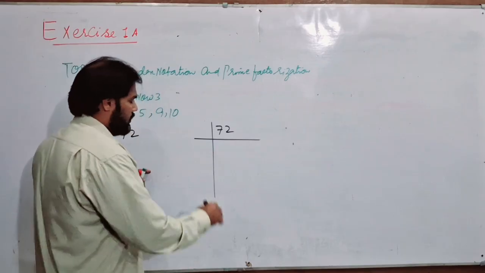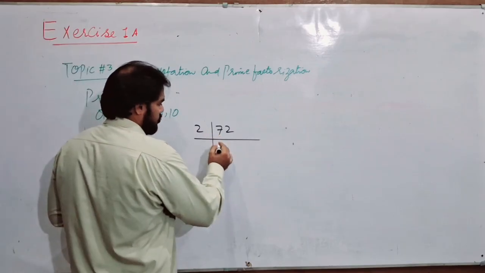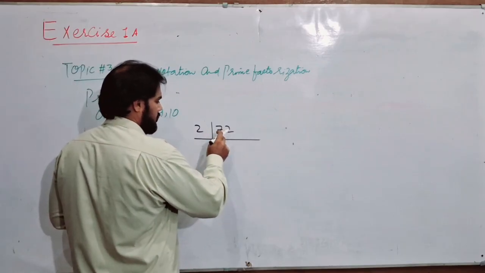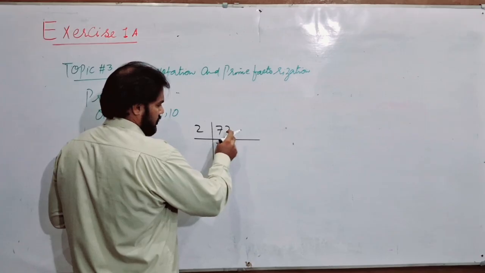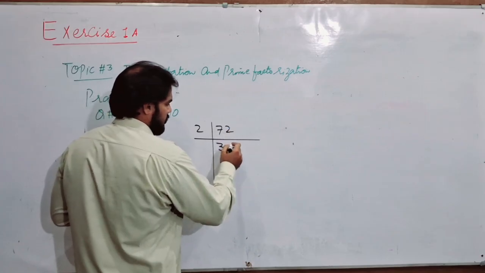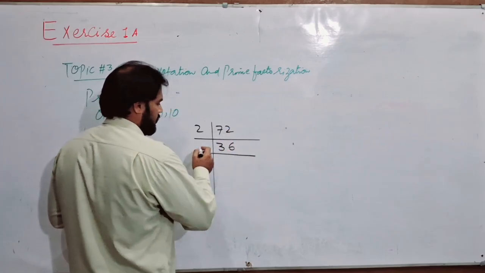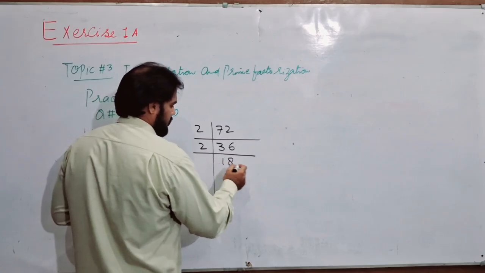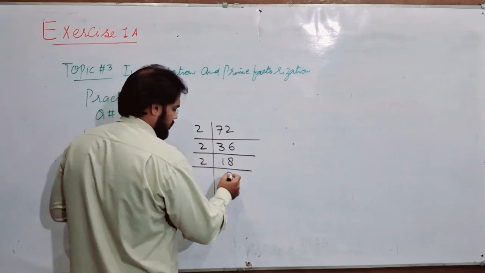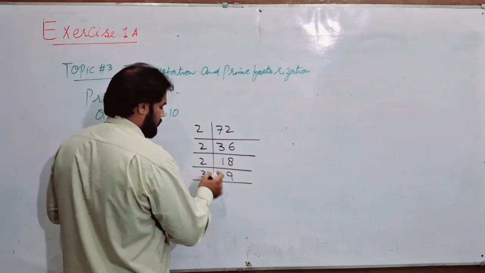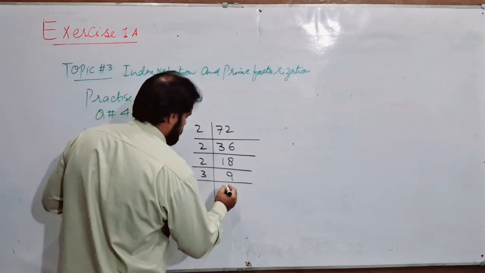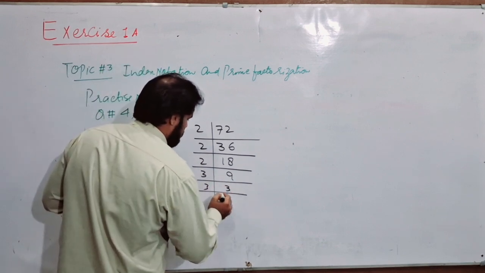So when you divide 72 by 2, we get 36. 2 6 is 12, 2 18 is 36, 2 9 is 18. The next number 9 is divisible by 3. 3 3 is 9, 3 1 is 3.